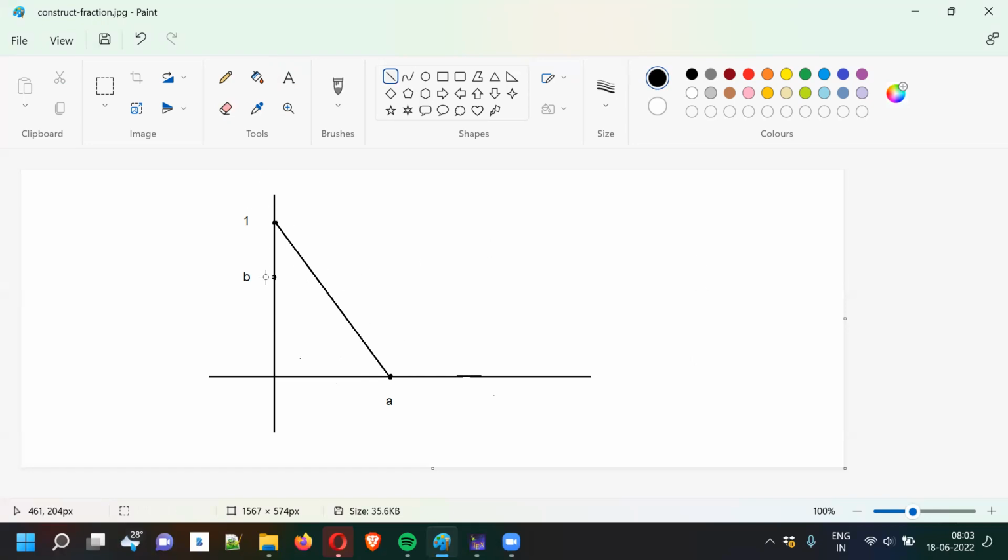Now this is a line segment and the point B on the y-axis is outside. So now draw a line segment parallel to this passing through B. So this is a line segment that is parallel, and let us do the mark. Okay. Now this is the point. This is the point X for us.